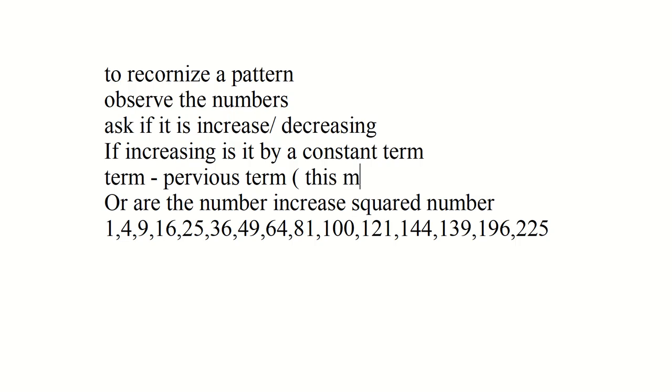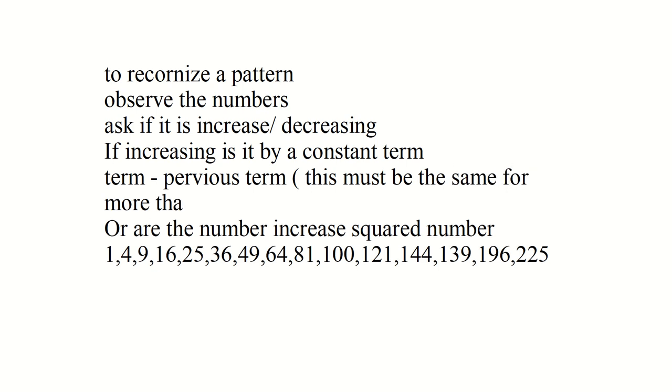And this must be the same for more than 2 times. And to observe a pattern, you will see in the past paper questions, it's very easy to spot what the pattern is, right?